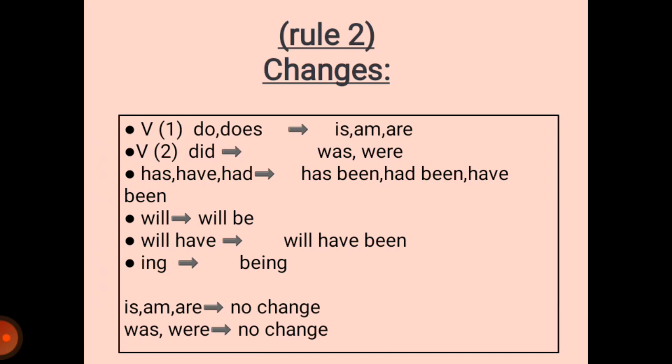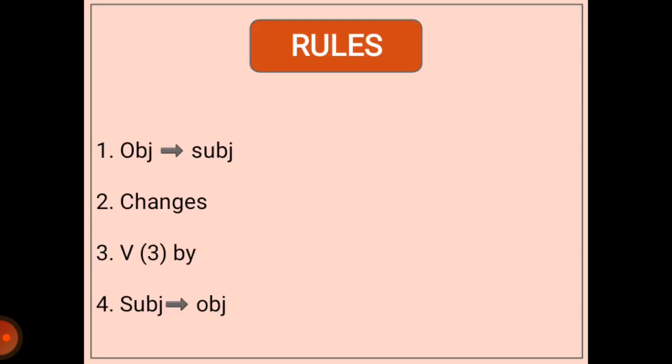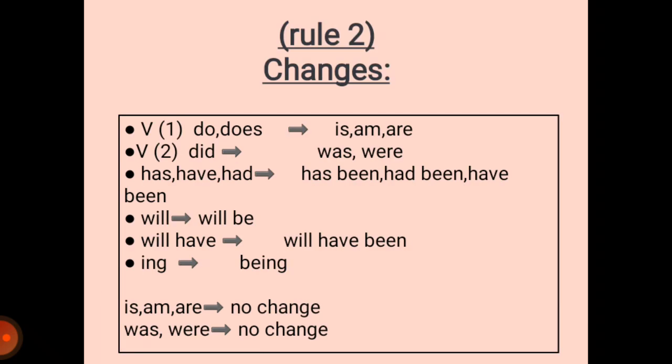So rule number 2, changes. As I told you, you will see all those rules in the next slide. So these are all those rules. V1 means first form of verb. If there is the first form of verb in any tense, that will be converted into is, am, are.